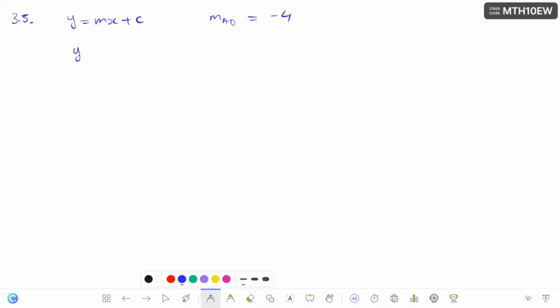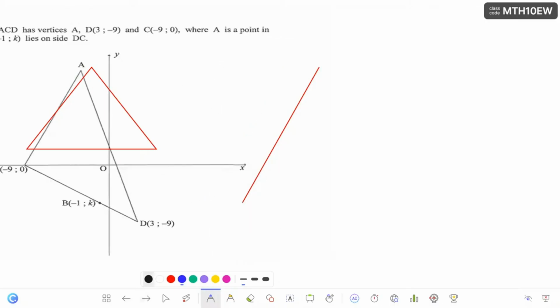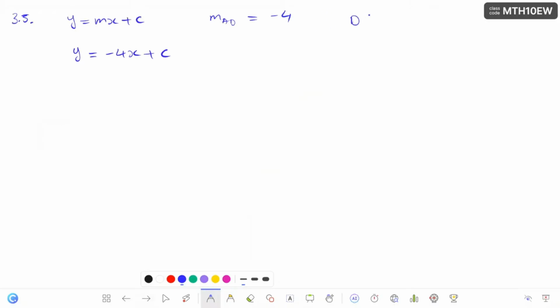So we are going to say y is equal to -4x plus c. Then we need to check the point that we know, D, which is 3 and -9. So we need to find the equation.